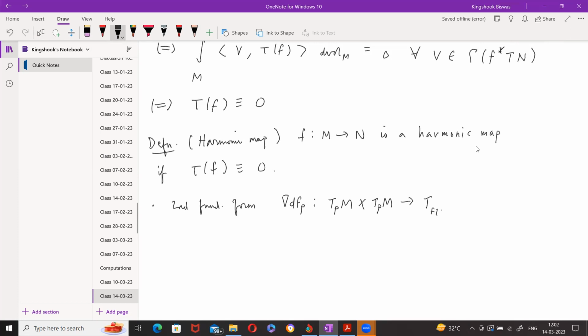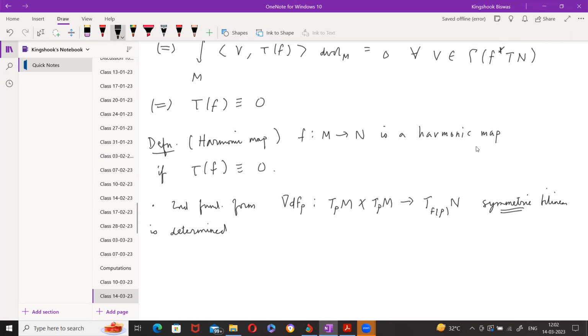Because it's symmetric, it is therefore determined by the quadratic map where you restrict the bilinear map to the diagonal.